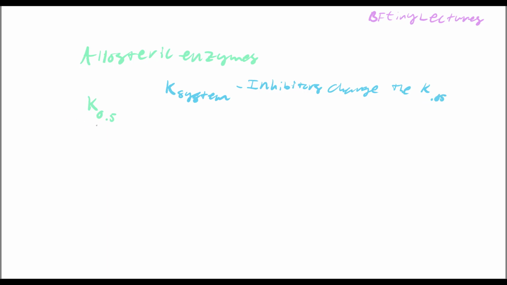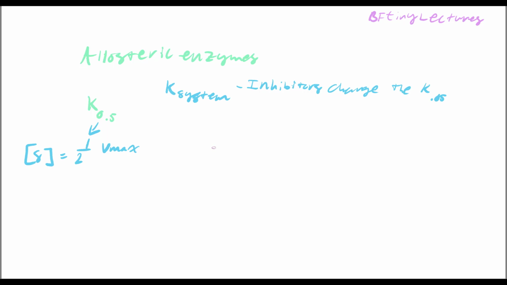Well, this one right here is essentially the concentration of the substrate whenever we are at 1/2 the velocity. Okay, so it's essentially at half of the maximum velocity, the amount of substrates available changes.